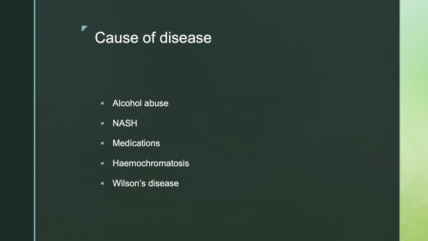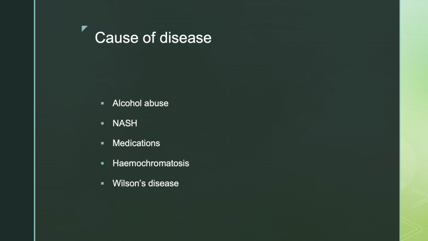And then you also have NASH, which is the non-alcoholic steatohepatitis, which can be closely related with diabetes and fatty liver disease. And then you have medications such as Tylenol that the liver will not be able to process when you take it in too high of a dosage over a constant period of time.